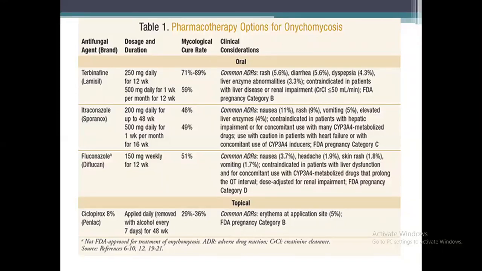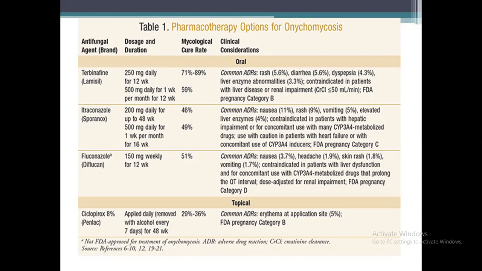So we have to continue the treatments for about 1 year, but the patient only takes the treatment for 12 weeks. So this method of treatment can cause reduction in the complications of the treatment. And the medication will also remain in the nails for a longer period of time.